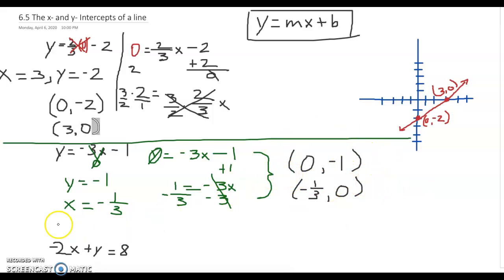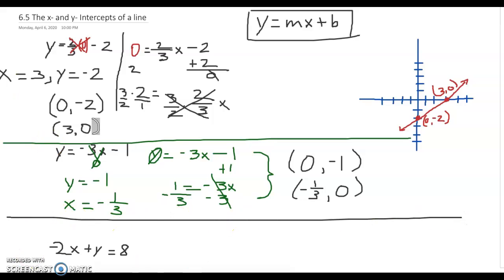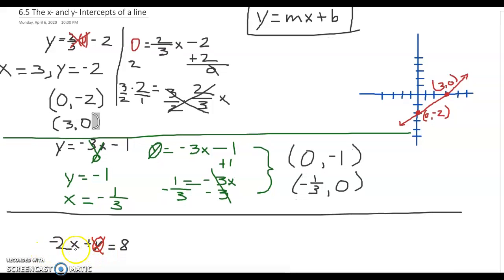Last but not least, this equation down here. We know what y is going to be. It's going to turn into 0. So then we're going to work with the x. I know I've been going over the x first, but we're going to work with the x. So you're going to have negative 2 divided by negative 2.